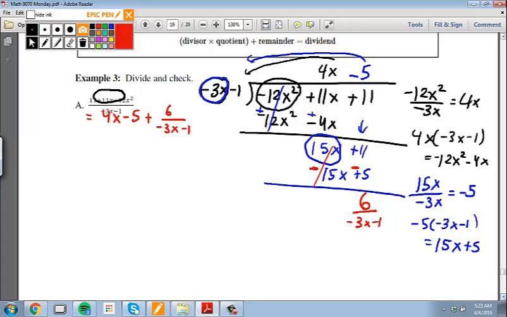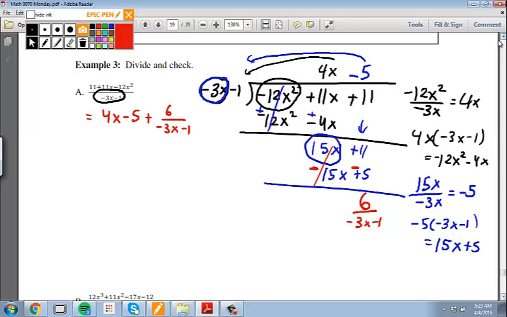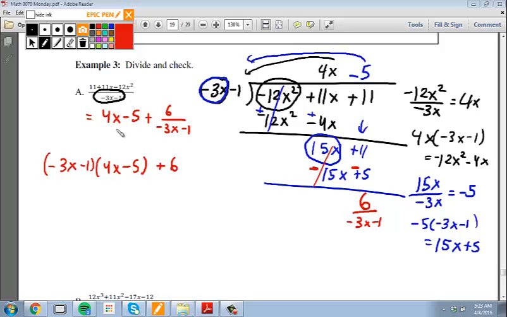So what we're going to do here is exactly what it said. The divisor, the negative 3x minus 1, times the quotient that we found, 4x minus 5, plus the remainder of 6 should equal the original numerator.